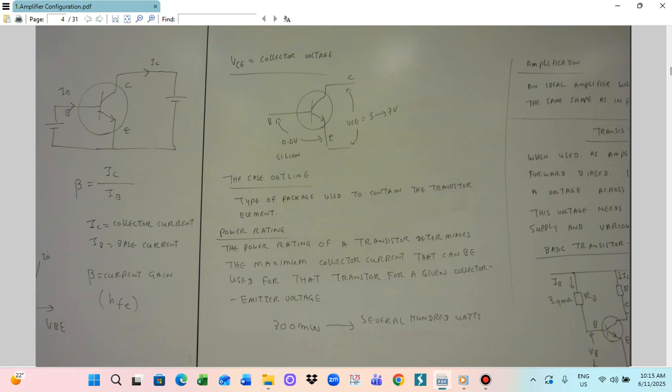For your transistor here, this is B, this is E, this is C. VBE is around 0.6 volt for a typical transistor. VCE is around 5 to 7 volts, which you have to supply. If the voltage is greater than 5 to 7 volts, then you have to use an appropriate potential divider. Normally the transistor is set up at 5 to 7 volts.